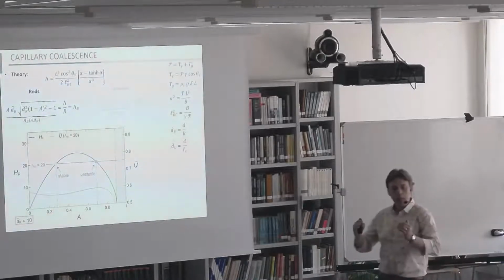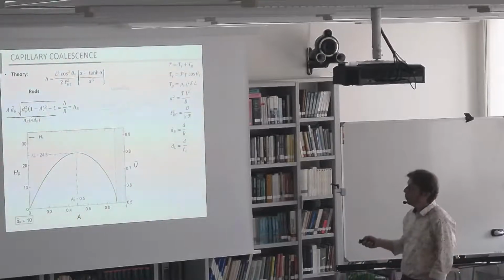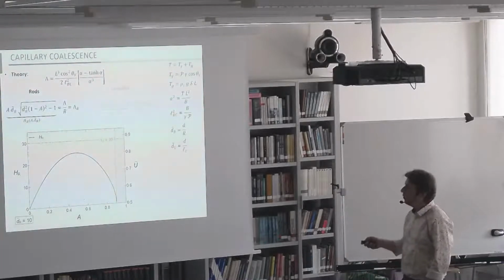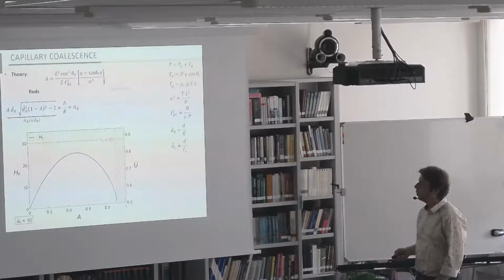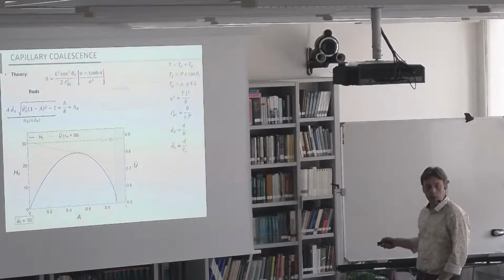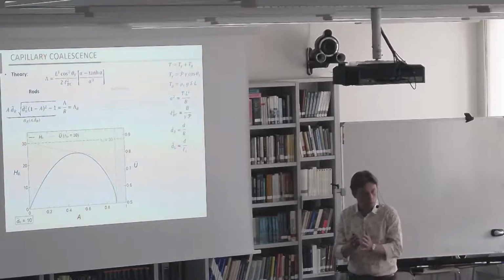So now, as in the experiment, I increase the dry length. So I increase lambda. I will reach this critical point, where the two extrema of the energy will merge. And finally, if I consider a too large value of the dry length, I do not have a solution, but in the energy, beside the two extrema, where the derivative vanishes, you also have another local minimum, which corresponds to the contact between the two rods.